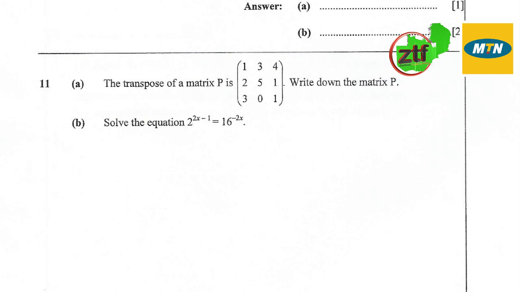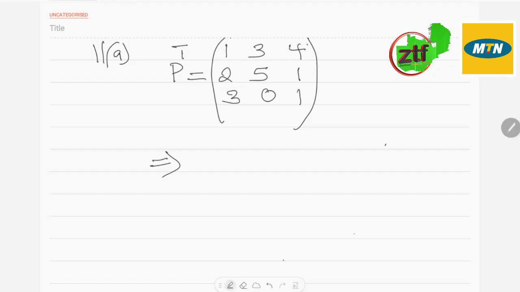What do we understand by the term transpose of a matrix? If we are transposing a matrix, we are changing the rows to become columns, and the columns are becoming rows. So this matrix has already been transposed.